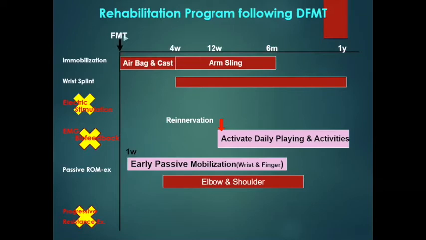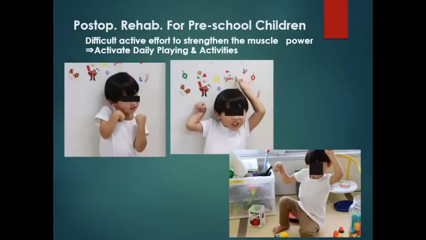We only recommend passive range of motion exercise of the elbow and shoulder to prevent contractures. As you know, it is difficult to activate preschool children to strengthen muscle power by attending the rehabilitation center, and we recommend the parents to activate the children's daily playing and activity as much as possible.